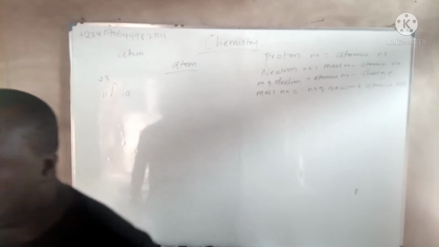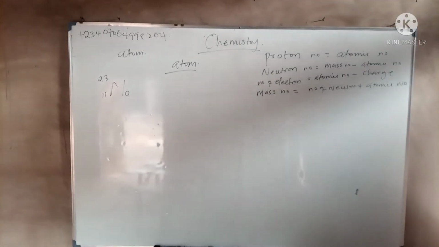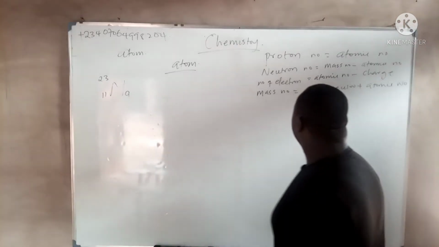With this formula, you won't have a problem under this topic. The number of protons is equal to the atomic number. So if I ask you to get the atomic number, it is the same thing as the number of protons. And the number of neutrons is equal to the mass number minus the atomic number.